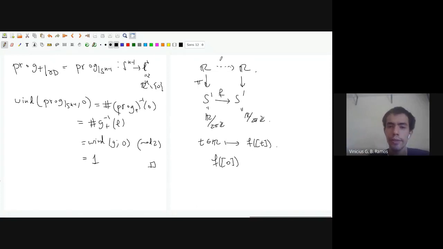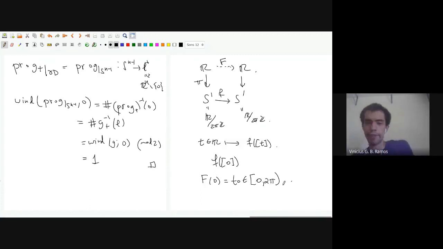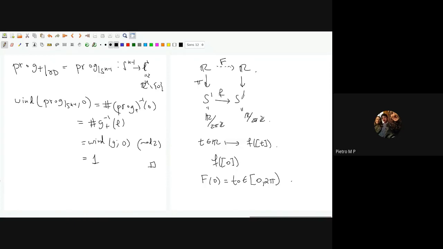So you can choose this f so that f of 0 is some t0, which is some element inside of 0 to 2 pi, like this. And the theory of covering spaces will tell you that there is a unique way to extend this function to a function from R to R, which is a lift of f. Yes.